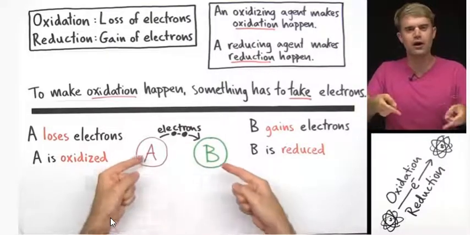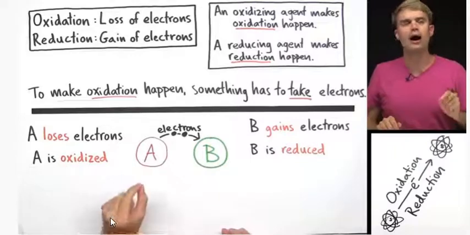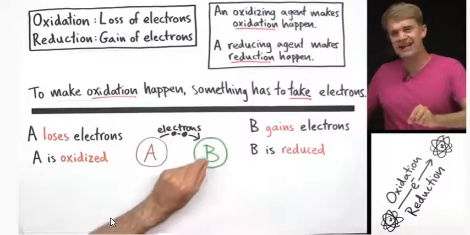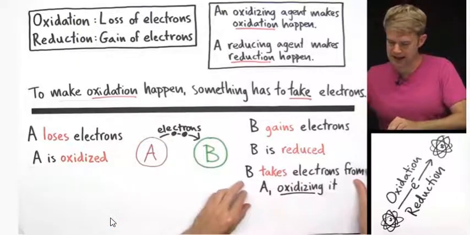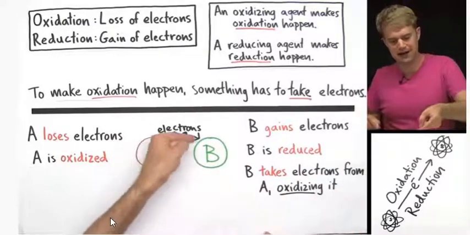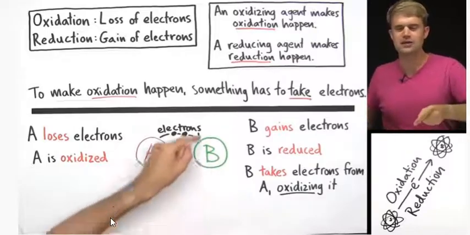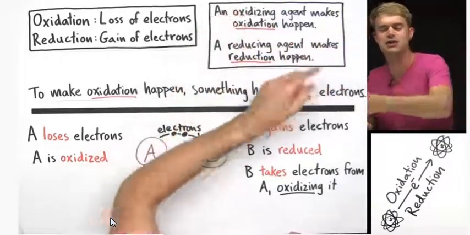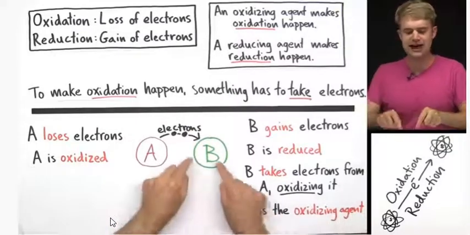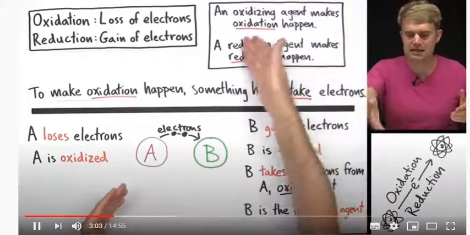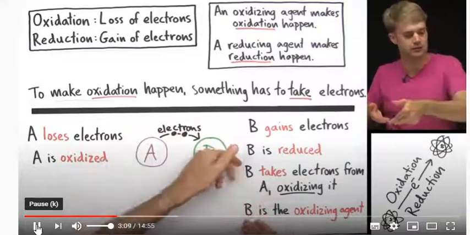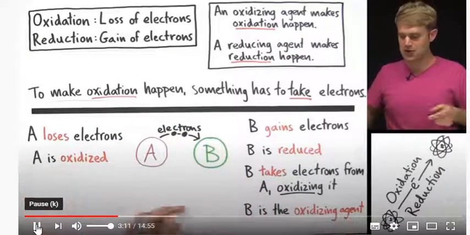A is trying to get rid of these electrons and B takes them. So B takes the electrons from A, oxidizing it. It makes oxidation happen by taking those electrons away. We've said that an oxidizing agent makes oxidation happen, so B is the oxidizing agent. It makes oxidation happen by taking the electrons from A so that A can lose them.